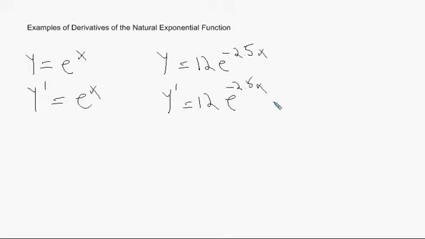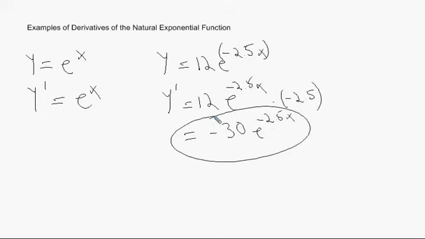Then we multiply by the derivative of the inside function, negative 2.5x, so negative 2.5 is the derivative. 2.5 times 12 is, let's see, 24 plus 6 is 30. So negative 30 e to the negative 2.5x is our answer.